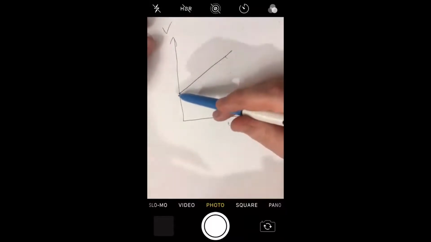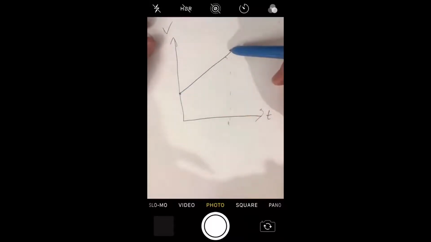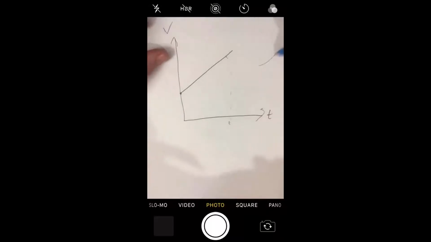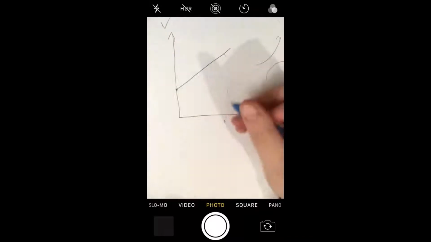Now it's actually accelerated at a constant rate. It's not speeding up like this or starting off fast and slowing down. It is a constant straight line. And that works with our laws. It has to be a constant acceleration. So is there any information that we can gather from this graph? It turns out there is.